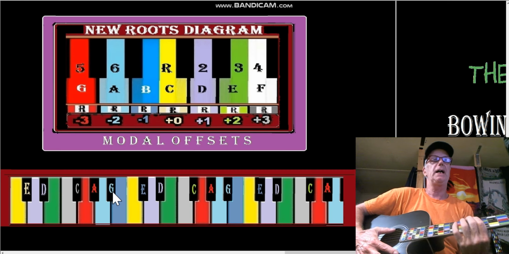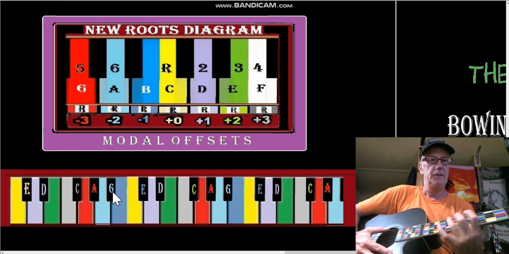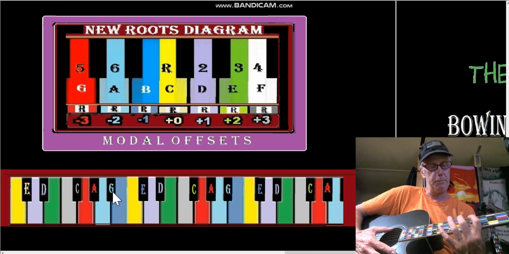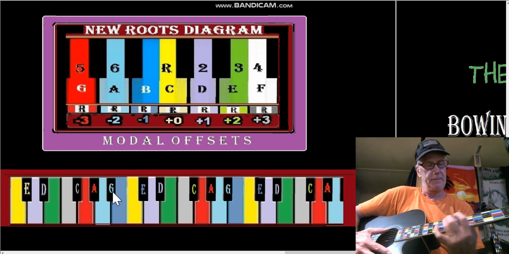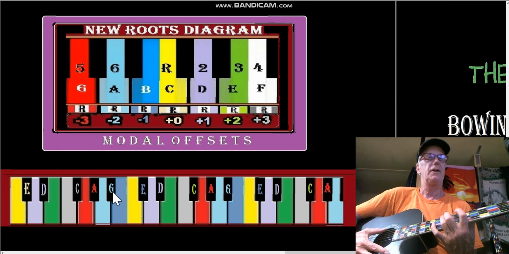The G as the 3rd would be C string shape. The G as the 2nd of F would be, okay, so one's like that, one's like that.